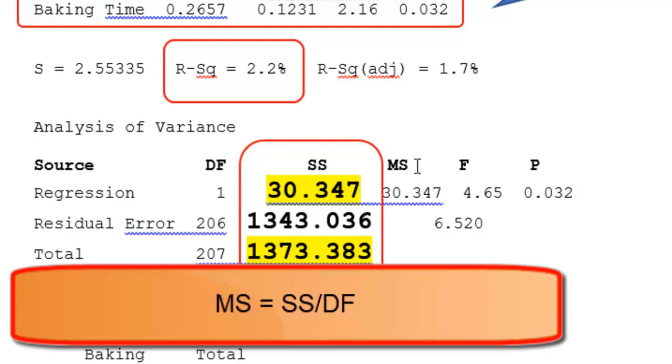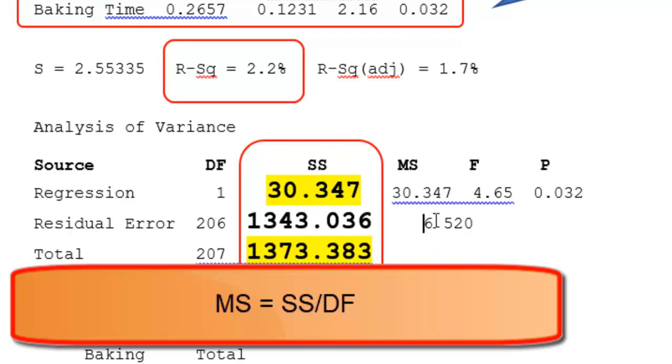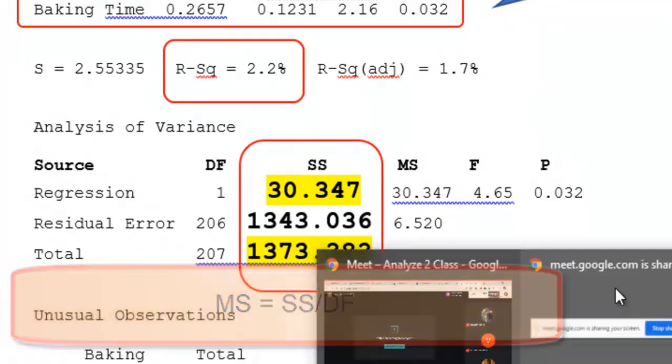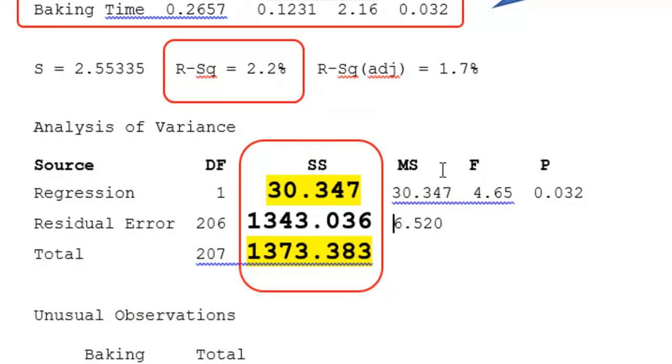Residual error का sum of square is 1343.03 divided by 206 करो. 6.51. Guys, are we around? 6.52. यहाँ हम 30.34 को 1 से divide करेंगे तो सेम रह जाएगा. So MS is essentially sum of square divided by degree of freedom.